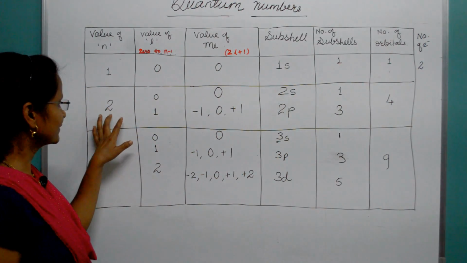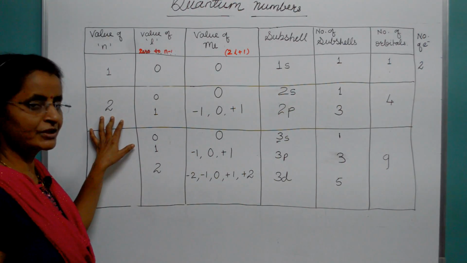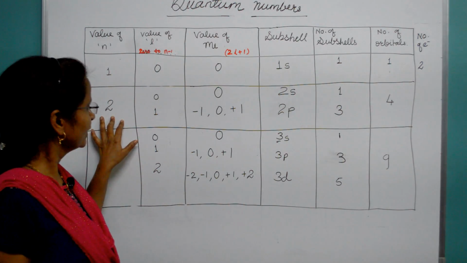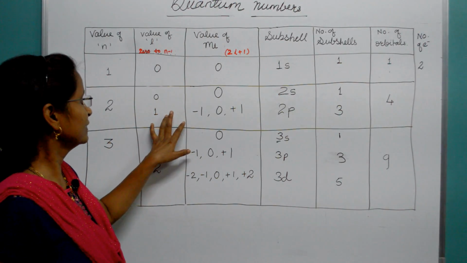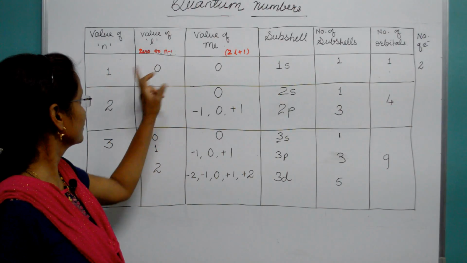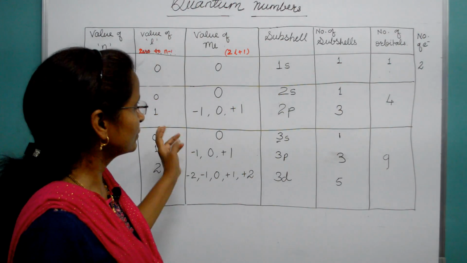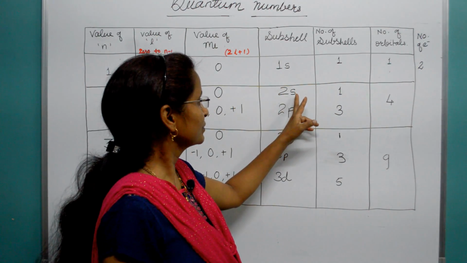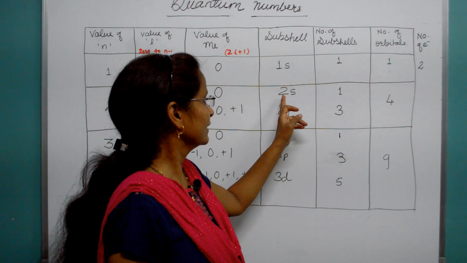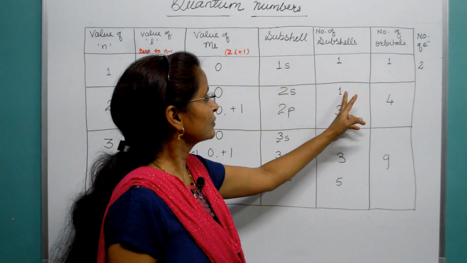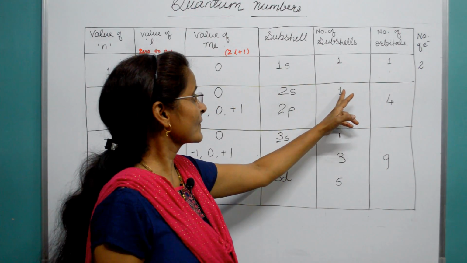Likewise, if n is equal to 2, meaning the principal quantum number is 2, then the value of l is 0 and 1. Here 0, and 2 minus 1 means 1. So here the total subshells are S and P. 2s means the second principal energy level. So here the number of orbitals is 1 and 3.